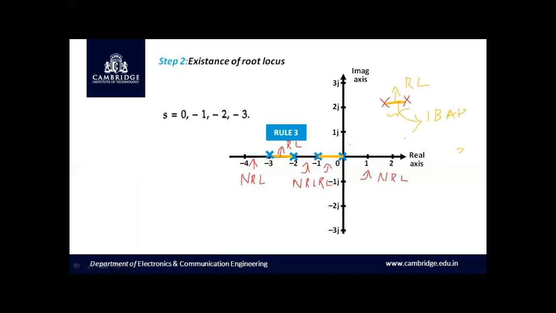So let us find out whether we have any alternate poles. In this case, we have a pair of alternate poles here and here, that is between -1 and 0, between -2 and -1, and between -3 and -2. These are the alternate poles.